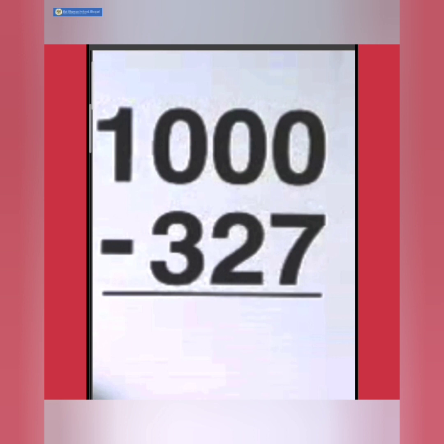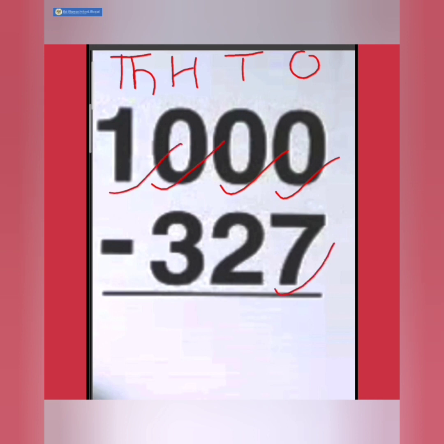Here, let us put the correct place values. Ones, tens, hundreds and thousands. Remember, all the numbers should be placed under the correct place value column before addition or before subtraction. Now let us begin.